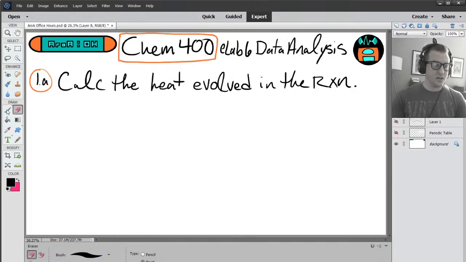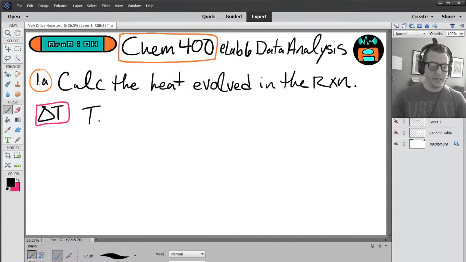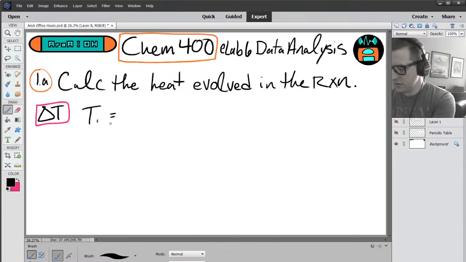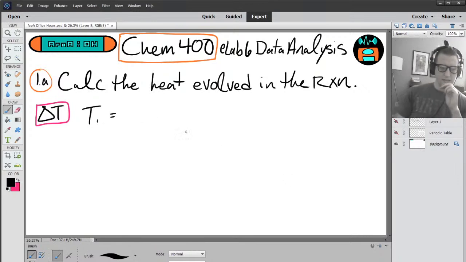All right, so let's calculate our delta T. First, let's get our T1, which is an average of our HCl temp plus our NaOH temp.